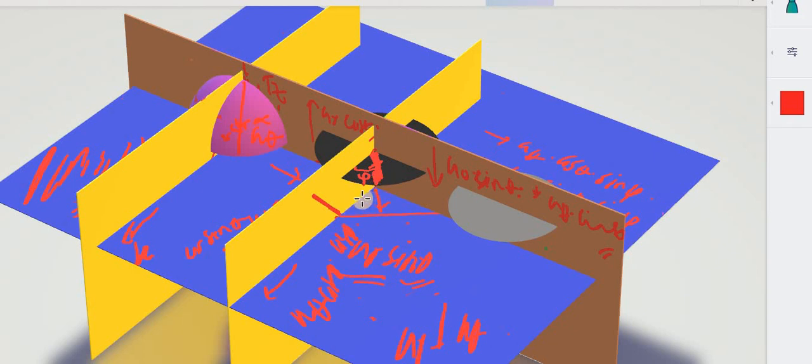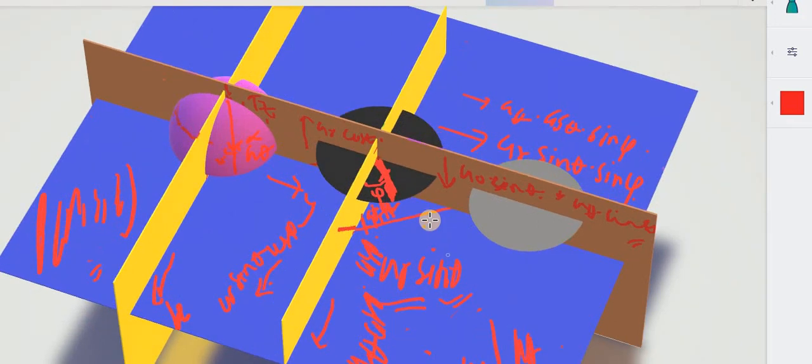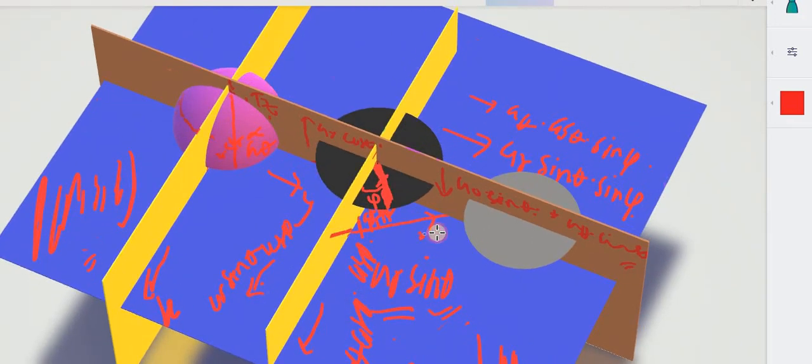This angle is 90 degrees, so this angle will be 90 degrees minus phi. This angle would be 90 degrees minus phi. Okay, so if phi is increasing in this way, so what?